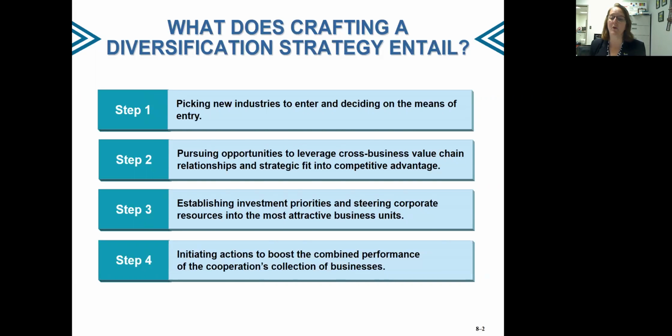Step 3, you're going to establish the investment priorities and steering corporate resources into the most attractive business units. And step 4, initiating actions to boost the combined performance of the corporation's collection of businesses.